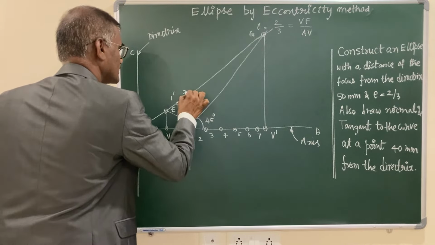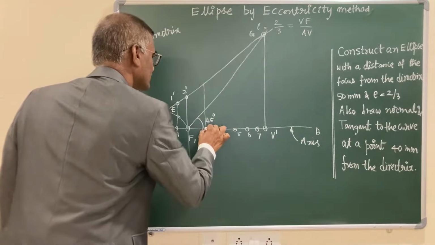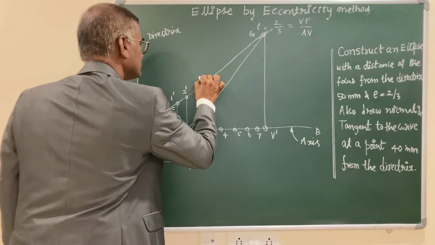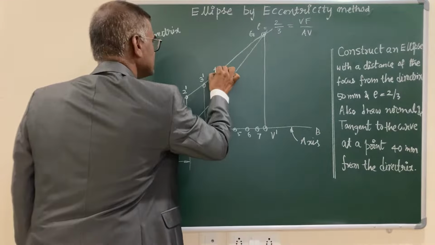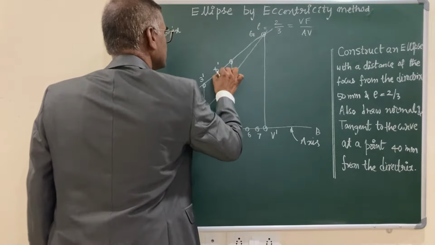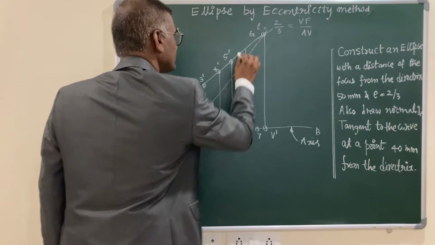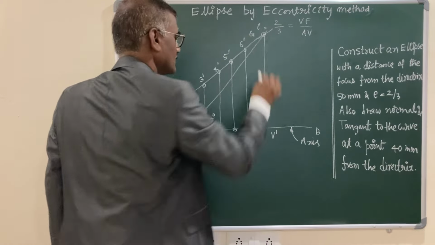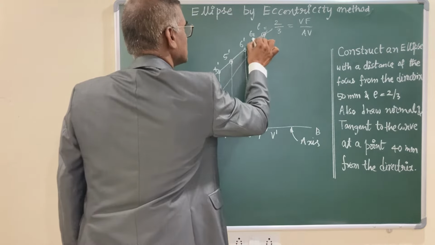So this is my 2 prime, and this itself is 2, and 3, 3 prime, 4, 4 prime, 5, 5 prime, 6, 6 prime, and lastly 7, 7 prime.